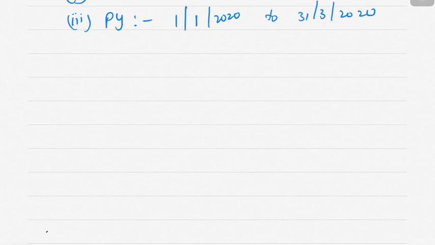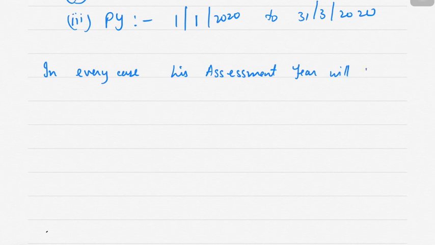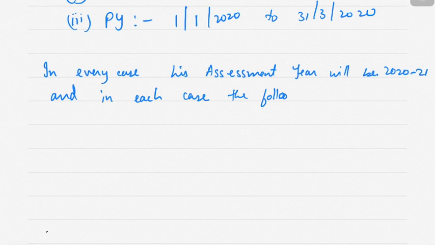In every case, his assessment year will be 2020-21, and in each case the following period will comprise of the previous year.